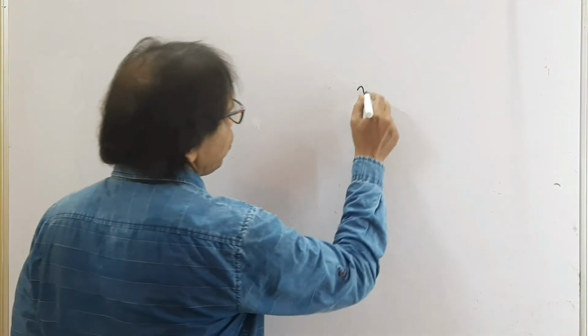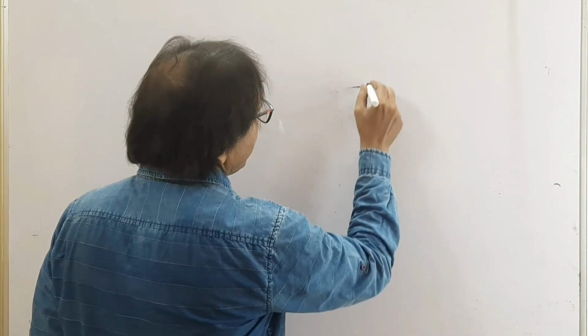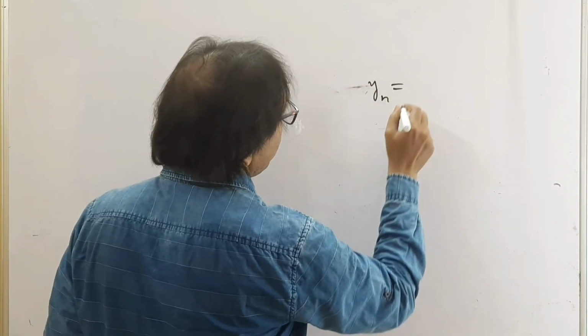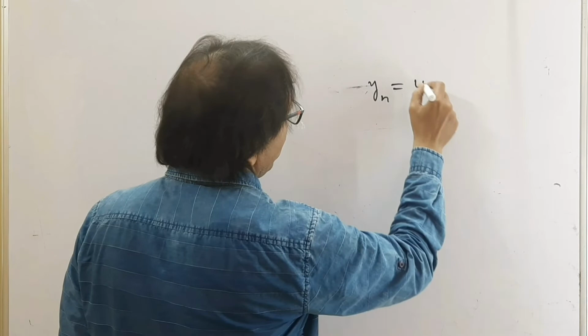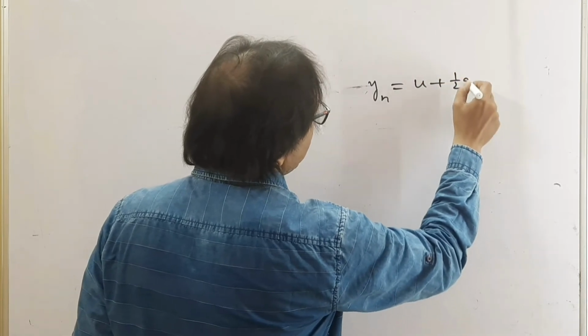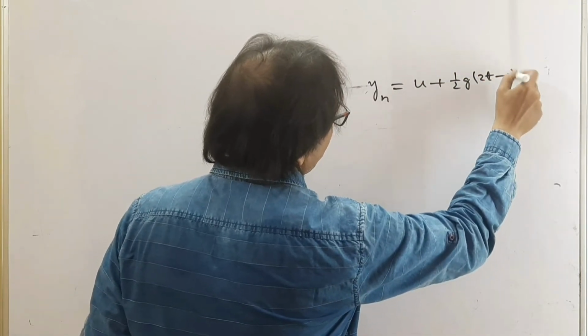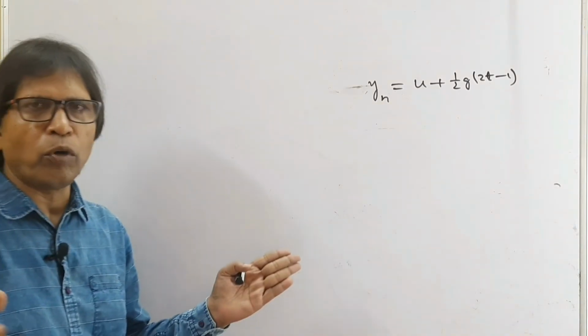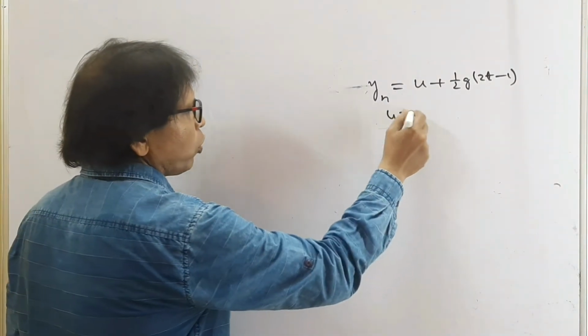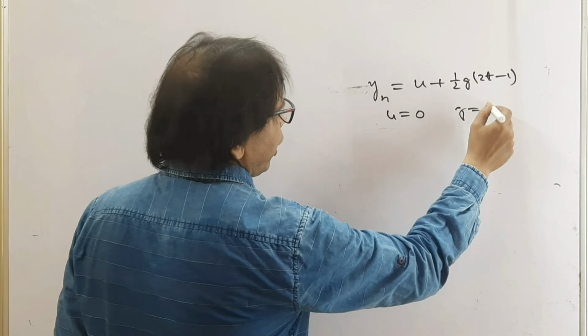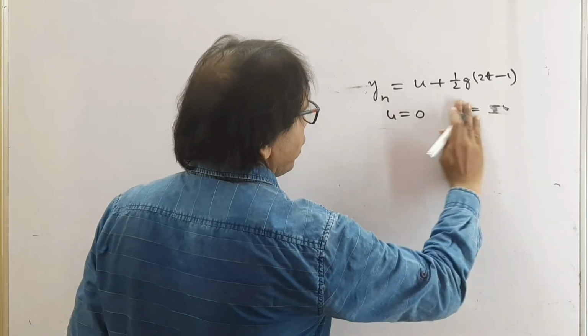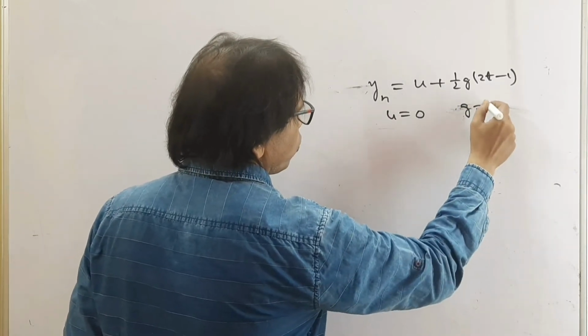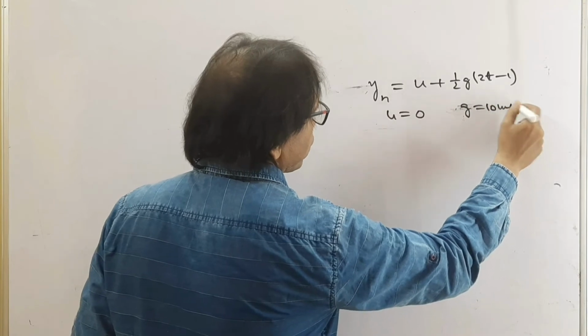We know y_n equals u plus half g into (2n minus 1). Now for a free falling body, u equals 0 and here g equals, suppose 5, and g is equal to 10 meter per second square.